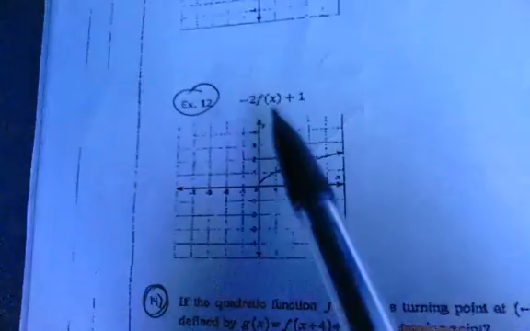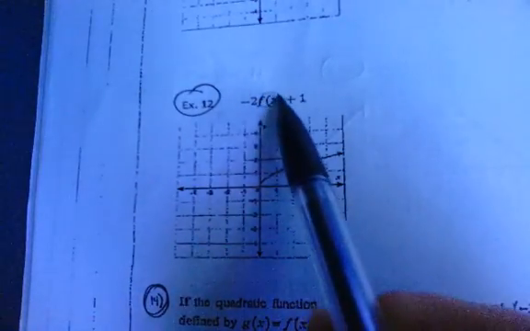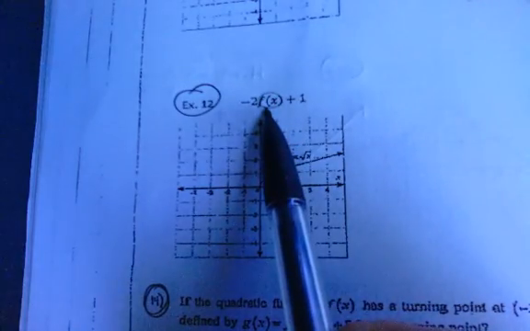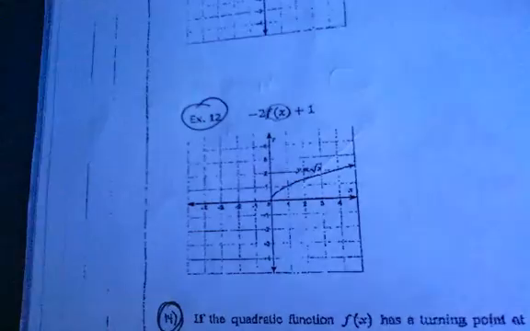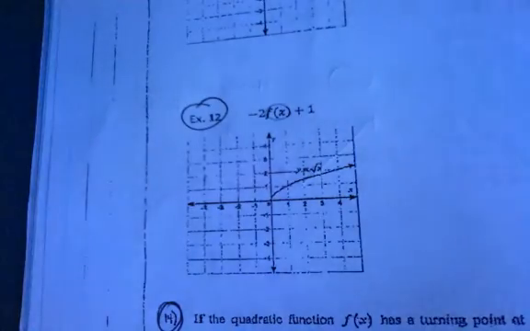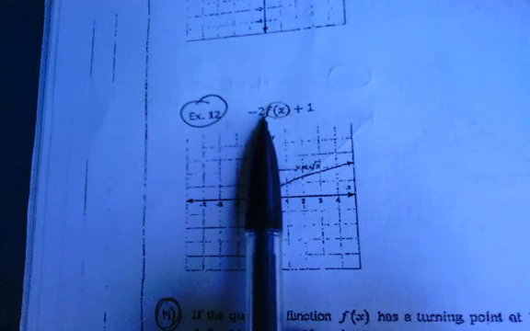On the back, 12 and 13 are definitely trickier because we get into 2 transformations in one problem. So if we're following order of operations, we always do whatever's within the function first, all that horizontal stuff. If we then finish that, because there's nothing here, we would follow order of operations and multiply by -2.